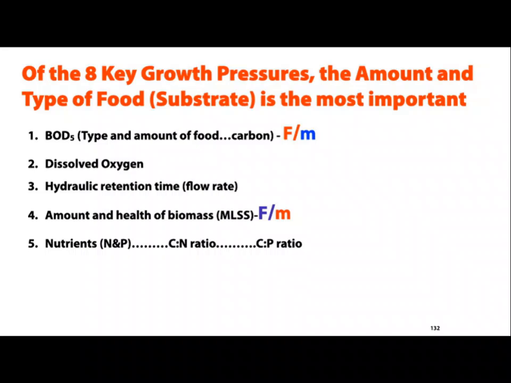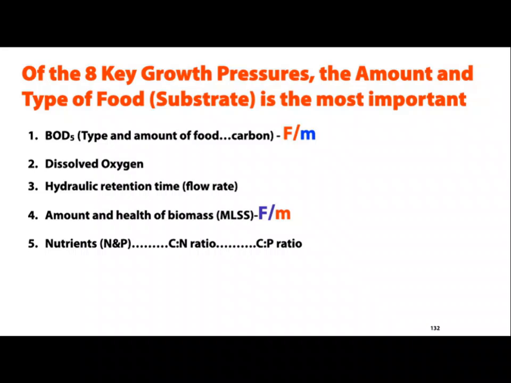Nutrients come into the growth picture. By nutrients, we're talking here about nitrogen and phosphorus. And there will be carbon to nitrogen ratios and carbon to phosphorus ratios that we are going to try to hit. Now, there are more nutrients that are involved in cellular growth than just the carbon and nitrogen and phosphorus that we're focusing the course on.